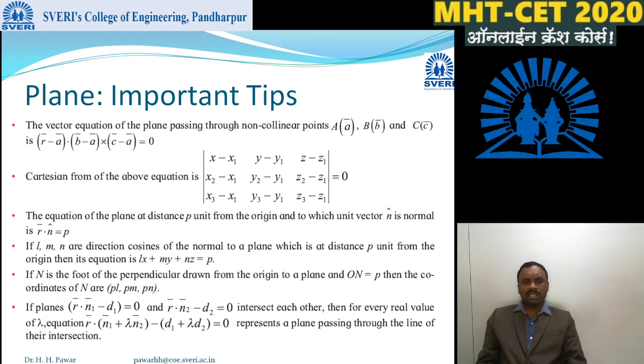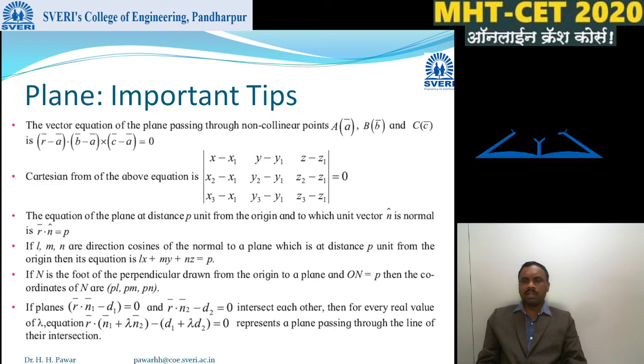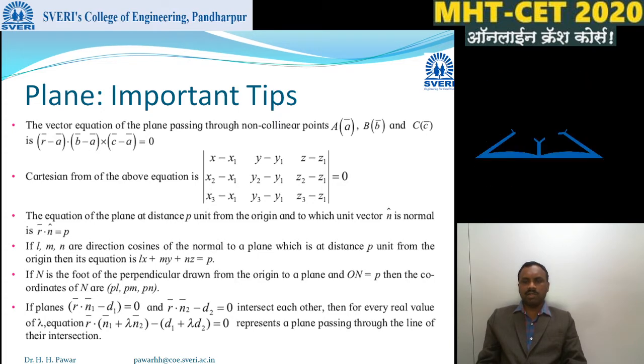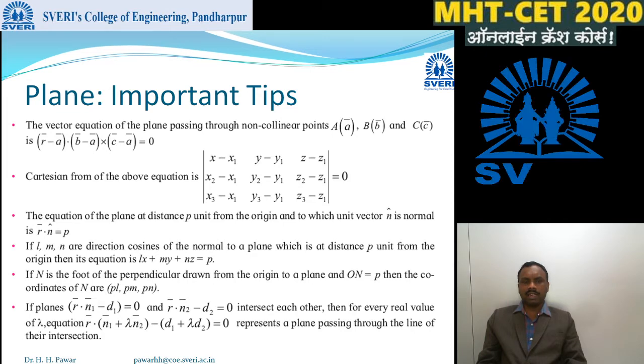Next one, the equation of the plane at a distance p units from the origin and to which unit vector n cap is normal is r bar dot n cap equal to p. If l, m, n are direction cosines of the normal to a plane which is at distance p units from the origin, then its equation is given by lx plus my plus nz equal to p.